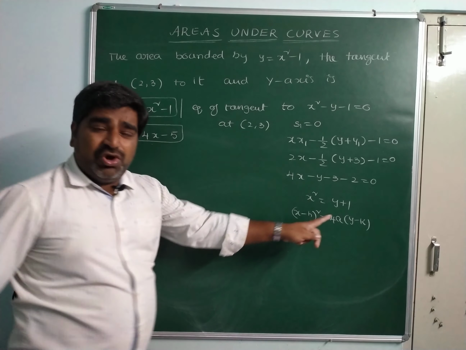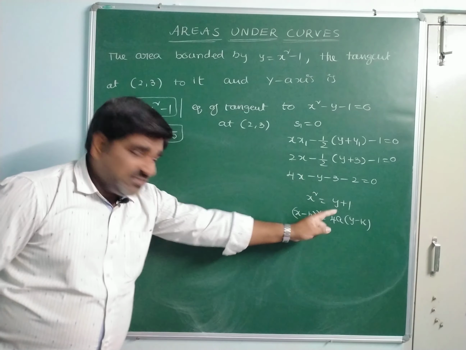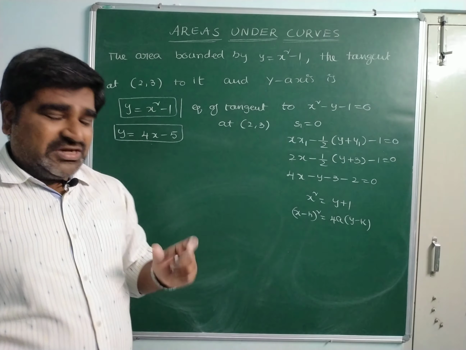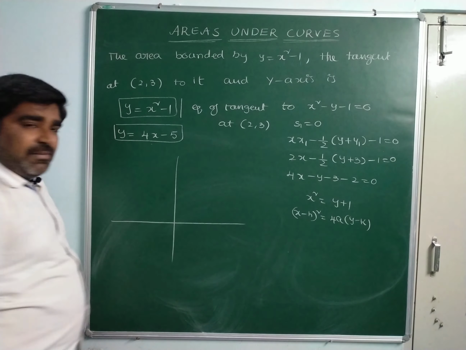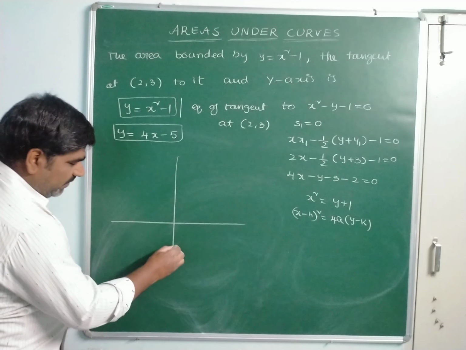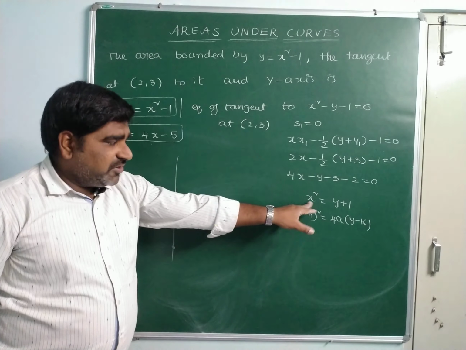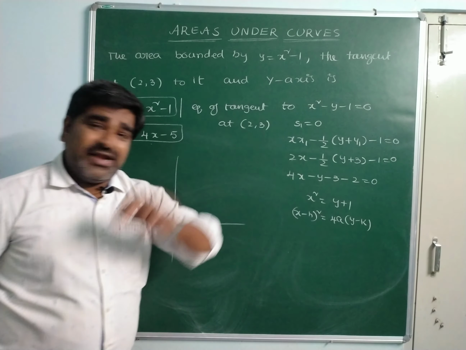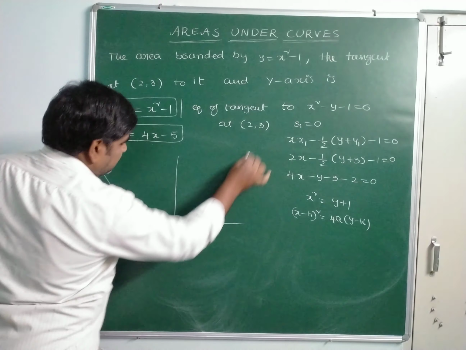Here h means 0, k means minus 1. So the vertex of this parabola is 0 comma minus 1, and it is here. The coefficient of x square is positive, and x square equals 4a into y plus 1, so clearly the curve opens upwards. This is the curve.